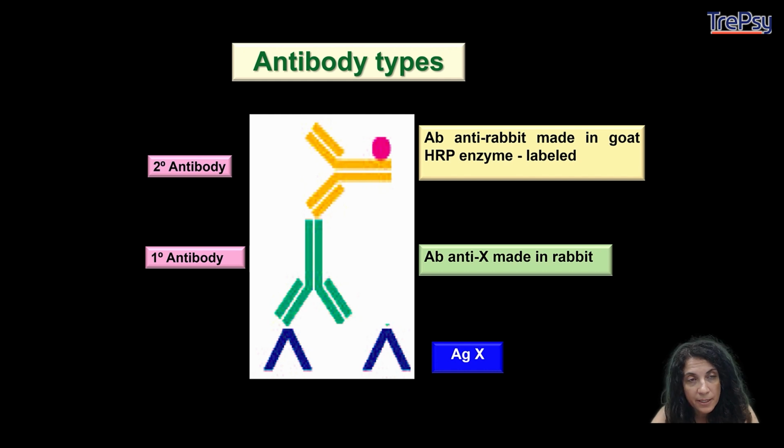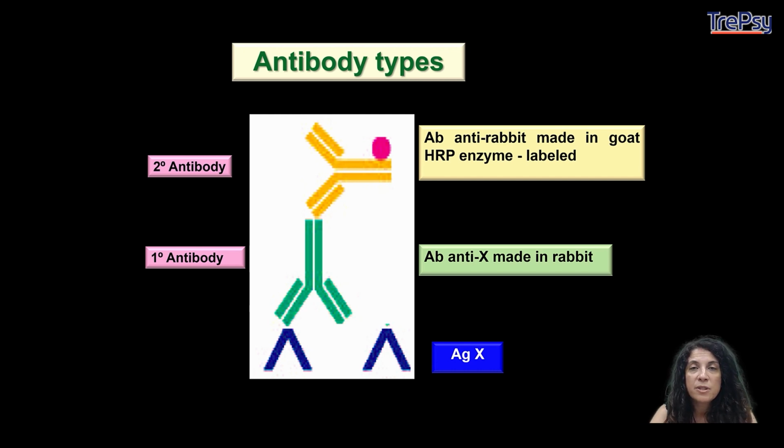It's very important when I perform an immunohistochemistry that you know what kind of block I have to use. The kind of block depends on the type of animal in which my secondary antibody was synthesized.